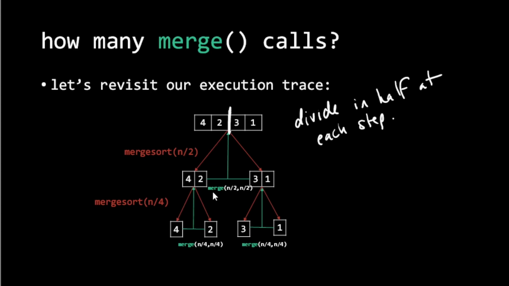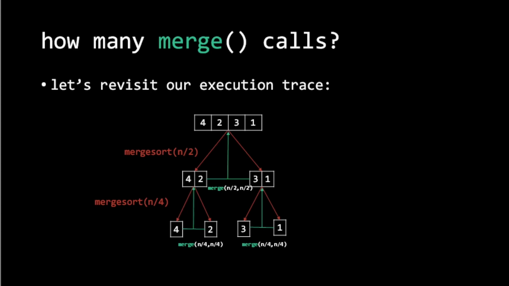That will result in a merge of size n over 2 and n over 2 here. So this final merge will be n over 2 and n over 2. And this merge at the bottom will be a merge of size n over 4. Sorry, I changed the parameter there, but these are just the sizes: a merge of size n over 4, n over 4, and another one of size n over 4, n over 4.